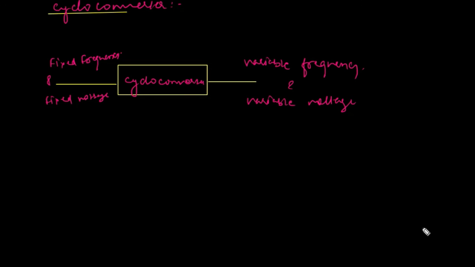So these are the drives basically used to convert the fixed voltage to the variable voltage, fixed frequency to the variable frequency. It might be a DC, it might be an AC. If DC is an input, we can convert to AC in the output. If AC is the input, we can convert to DC in the output. So dear friends, I hope all the converters are clear to you.